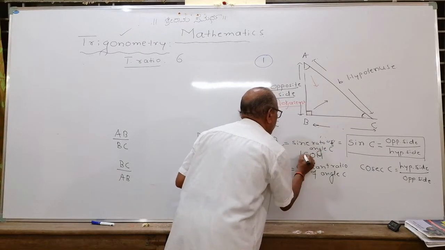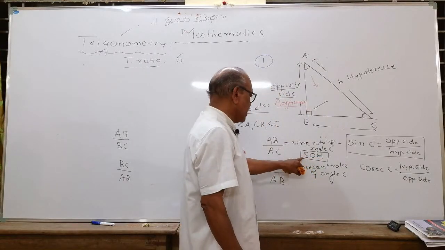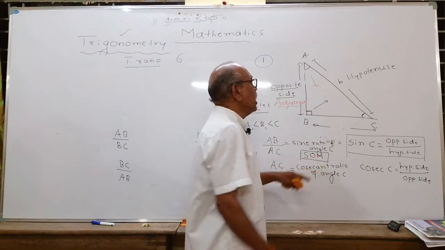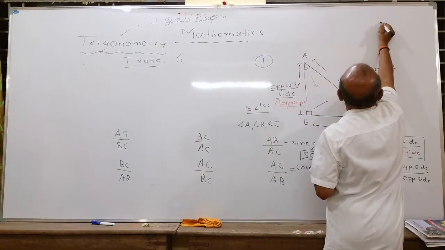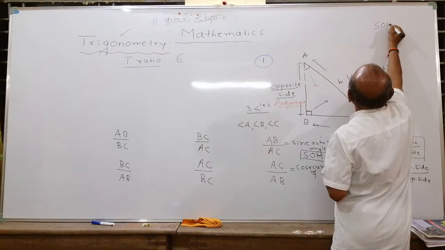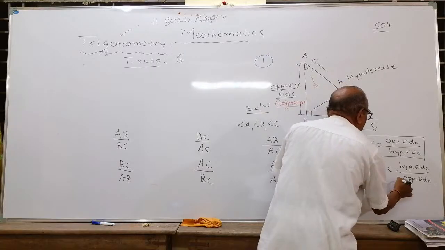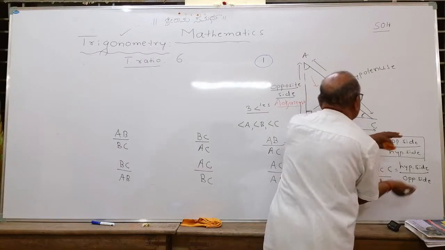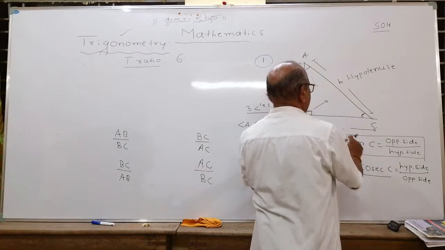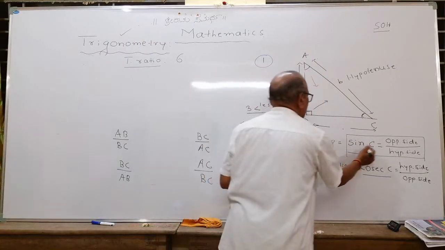You remember the keyword to remember the definition of sine. What is SOH? Sine ratio is opposite upon hypotenuse. You need not remember cosec by heart, because cosec is the reciprocal of sine. Keep it in your mind: cosec and sine are reciprocals.